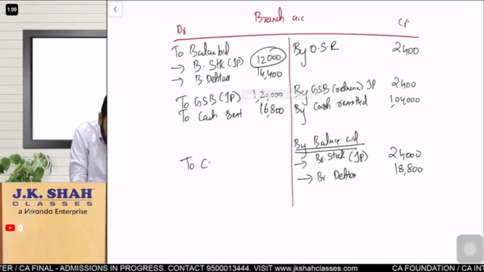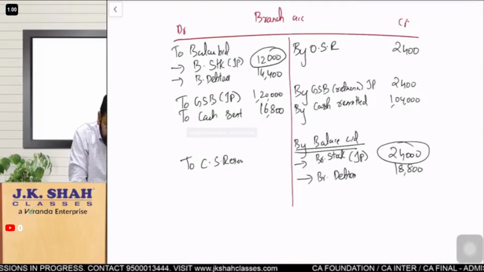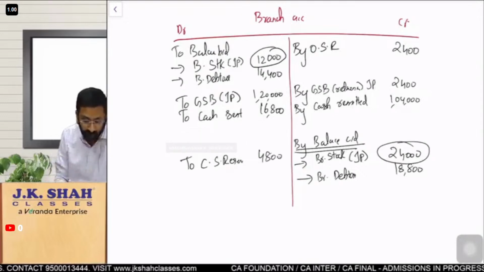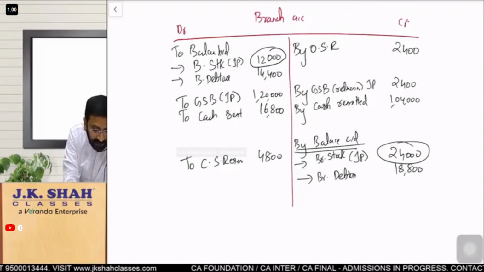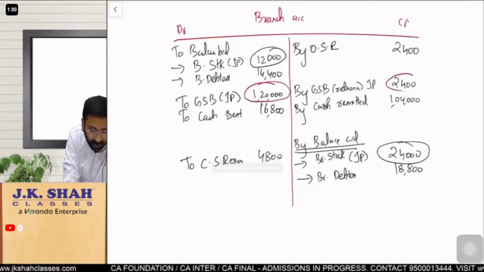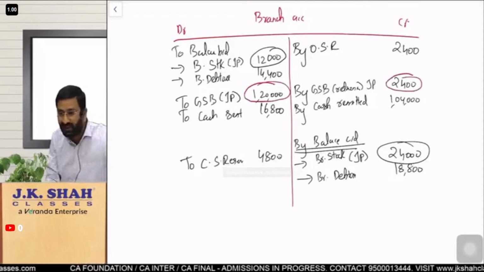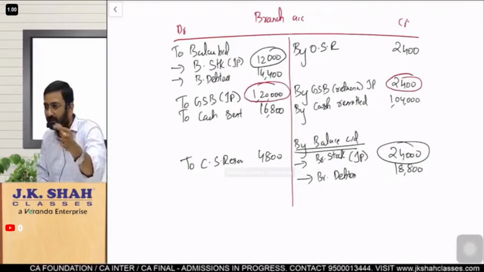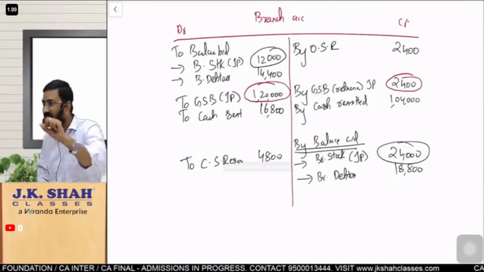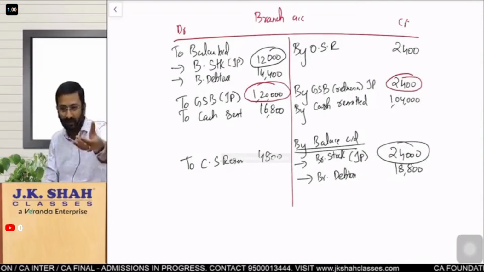Closing stock reserve, out of this, 4,800. Now how much is the goods sent? 120. How much is returned? 2,400. So what is the net sent? 117,600. Correct. 120 sent, 2,400 is returned.